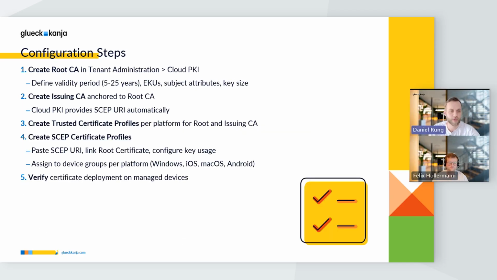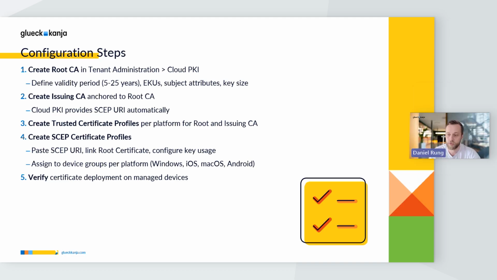Before we start with the demo, the steps we will do now: we start with creating a root CA with all the configurations we can do there, and then afterwards we will create an issuing CA which is linked up to the root CA. After this creation, we get the SCEP URI we need for the creation of the SCEP certificate profile.